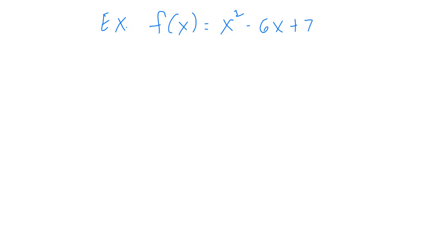You can do the completing of squares, or you can do the vertex formula. If you're thinking about factoring here, you cannot put this in standard form by using factoring. So there's no way for you to do that. So let's try by completing the square.